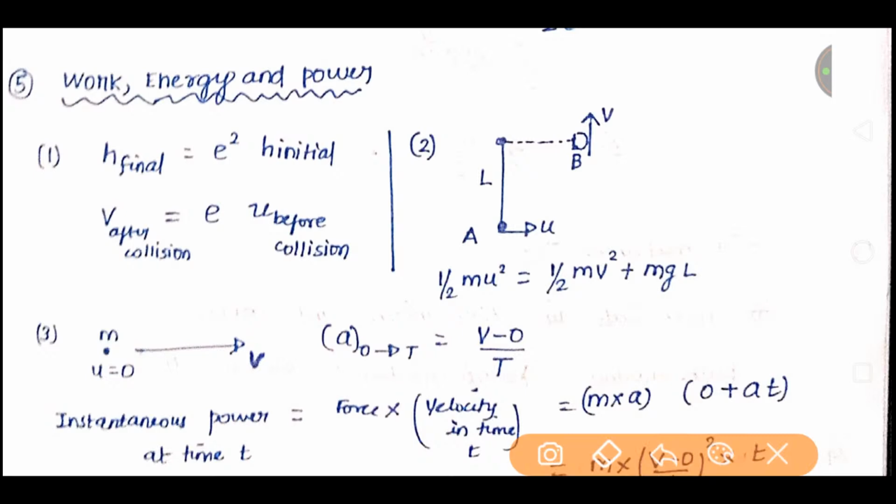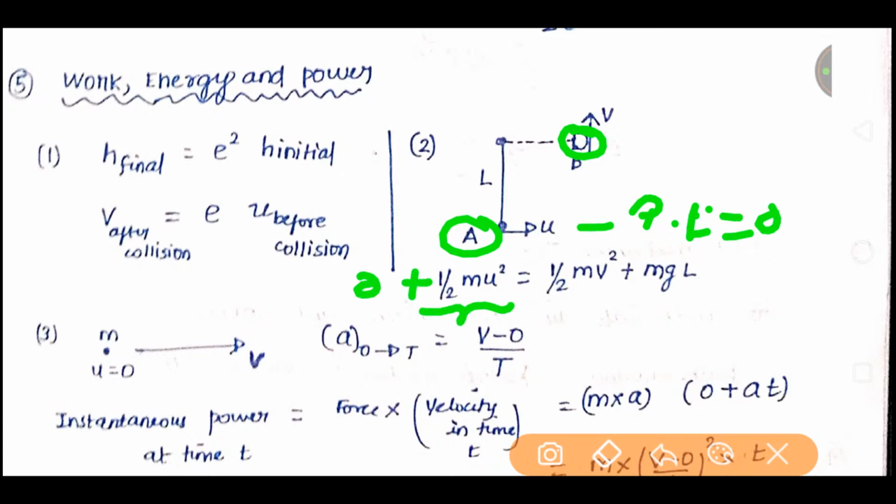Second concept, assume a rod is attached to a stone, and it rotates in a vertical circle. When it goes from position A to B, initially the potential energy at the bottom is assumed to be 0. So 0 potential energy plus kinetic energy, which is half m u square, because it starts moving with velocity u.